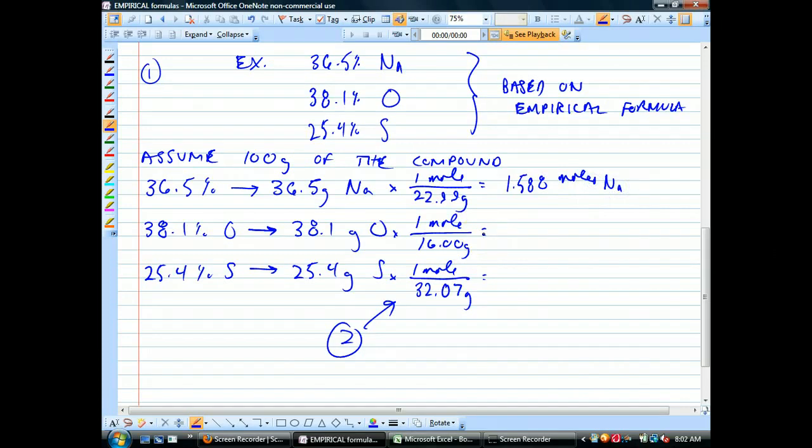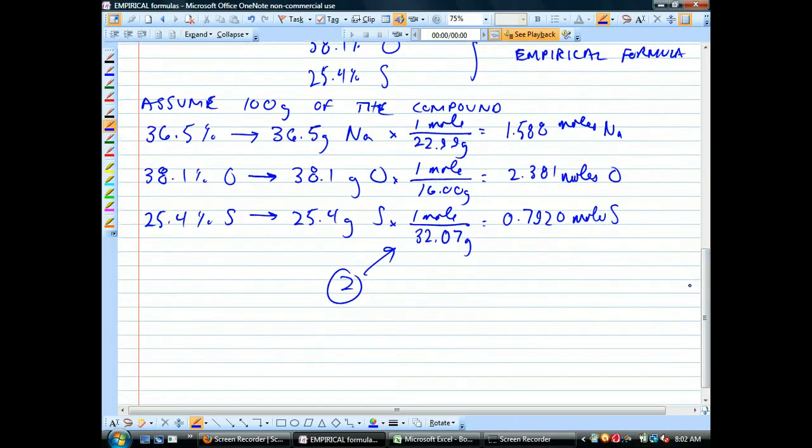And then 38.1 divided by 16, 2.381, and that's moles of oxygen. And then 25.4 divided by 32.07, and that is 0.7920 moles sulfur. That's step 2, mass to mole. Mass to mole, and that's step 2, it's all done.